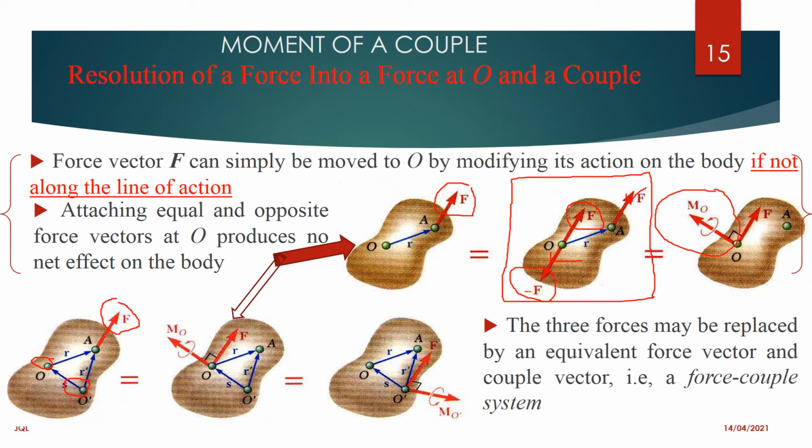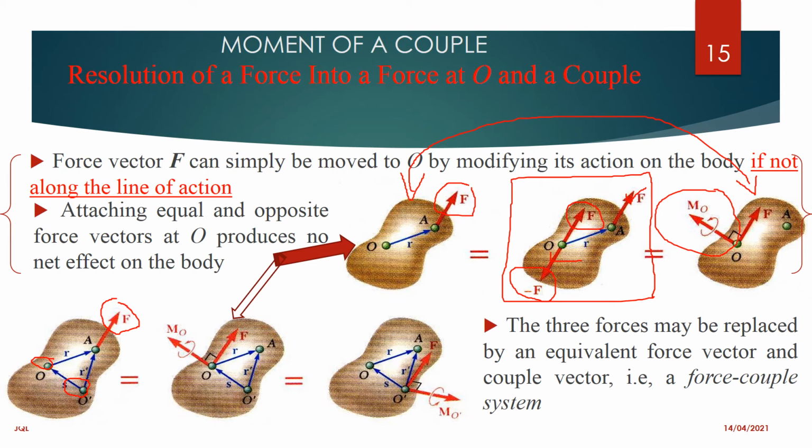So what this means is, if you'd want to move your force, which was at A, to any arbitrary point, let me say O, what you need to do is you introduce two opposite forces with the same magnitude and change that couple system into a moment. You are going to have the same impact here and there.